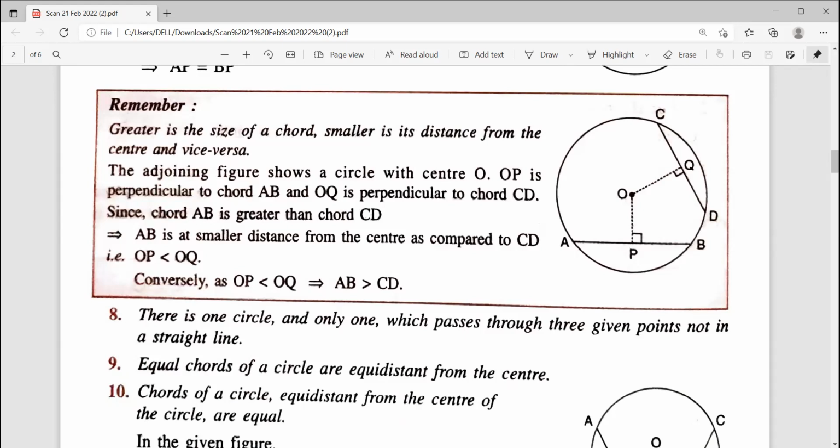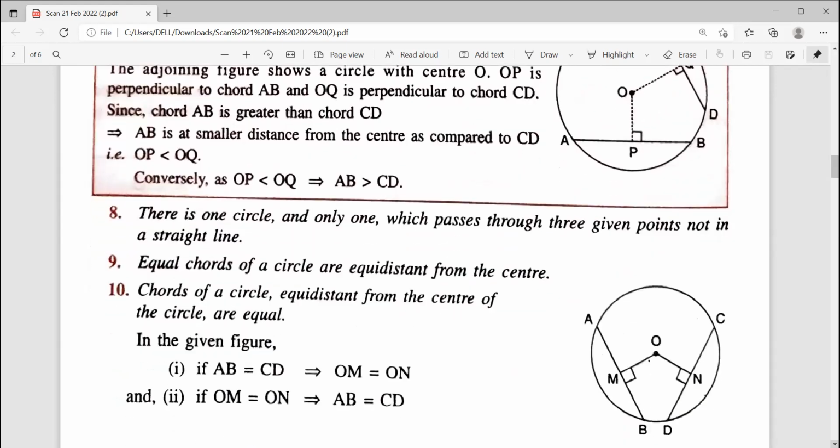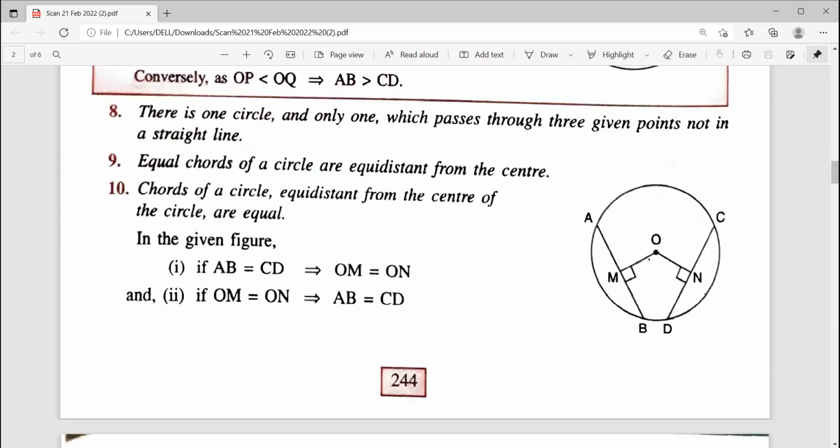A longer chord will be closer to the center than a shorter chord. Then we also learned that any 3 points in a plane which are not collinear, not on one single line, will always define a unique circle.